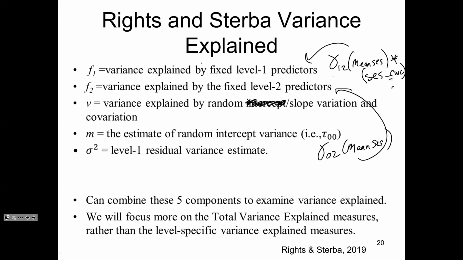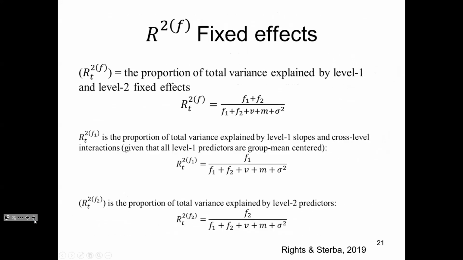Okay, so we can combine these 5 things to come up with different R² measures. And if you read their paper, it gets a little overwhelming, because when you start combining things in different ways, you can come up with a million R².